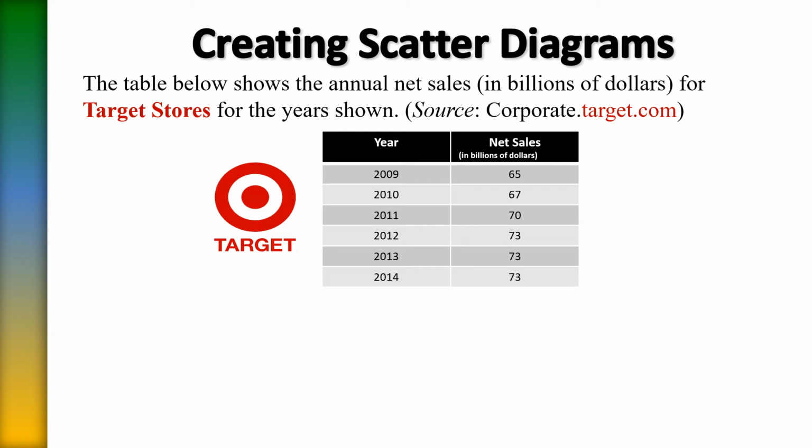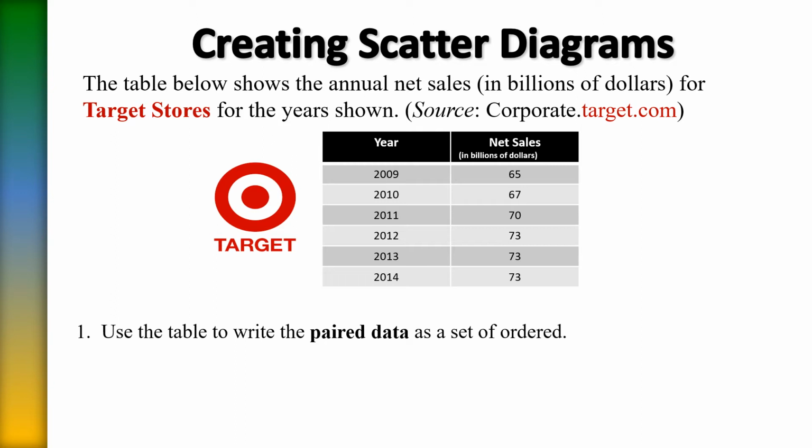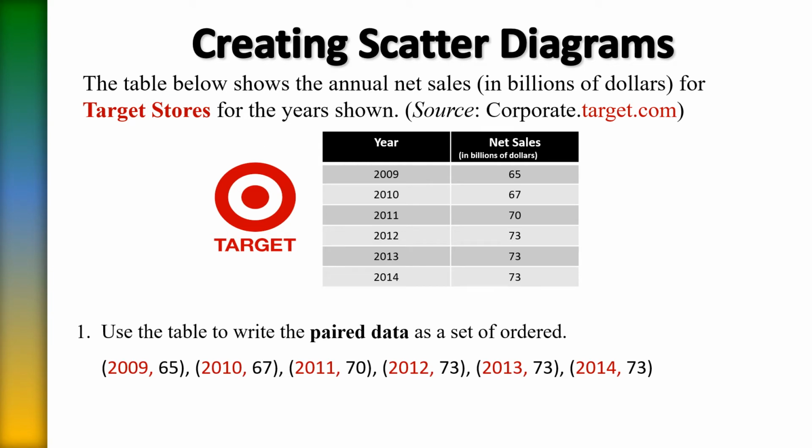When you have a table of values, whatever is represented in the first column is normally your x coordinates, and whatever you have in your second column represents your y coordinates. So if we were to write these as an ordered pair or pair data in order to create a scatter diagram, it would look like so.